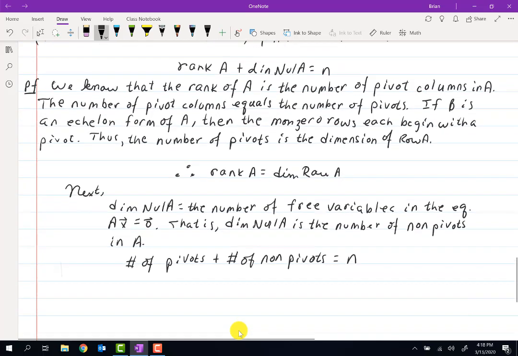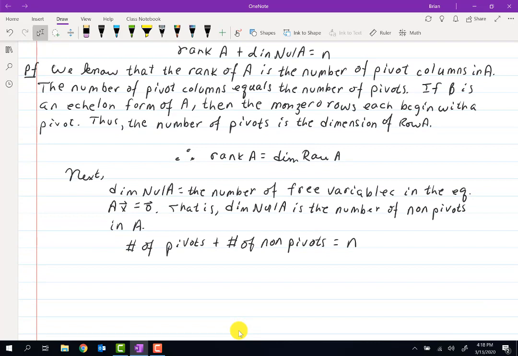This is pretty clear. You're either a pivot or you're not a pivot. But then the number of pivots we know is the rank of A, and the number of non-pivots, of course, is the dimension of the null space.